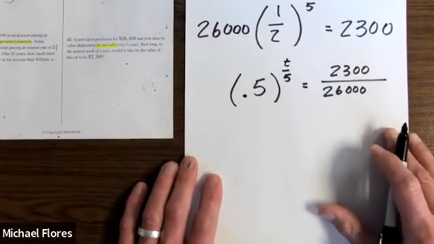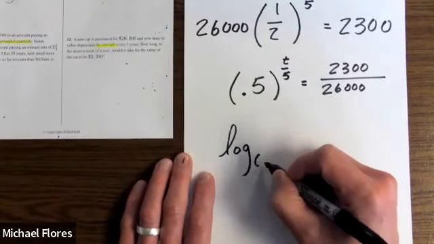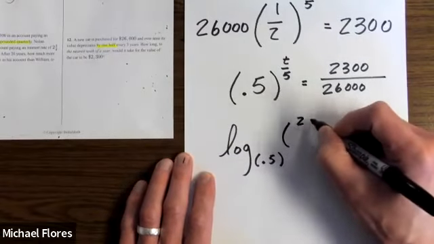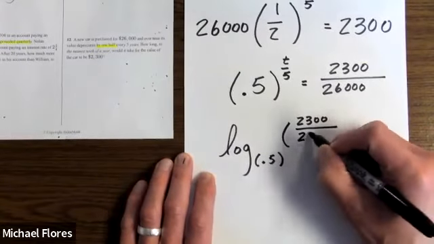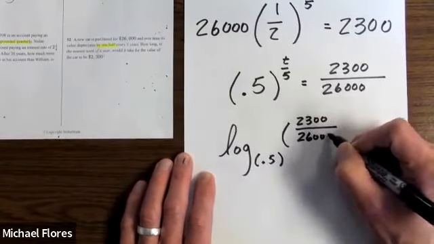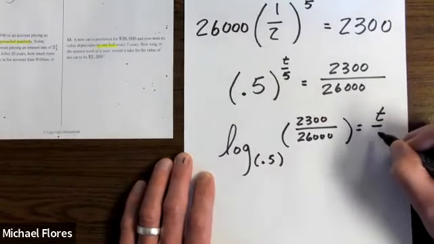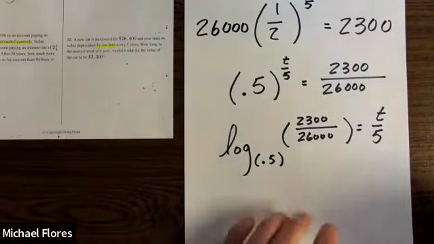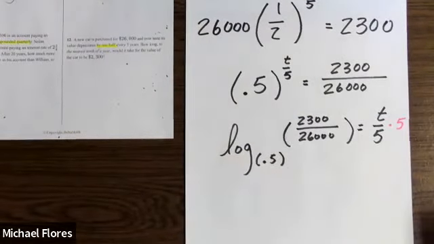Now we can convert to logarithmic form. Now, in order to solve for t, what we would have to do is multiply both sides of the equation by 5.